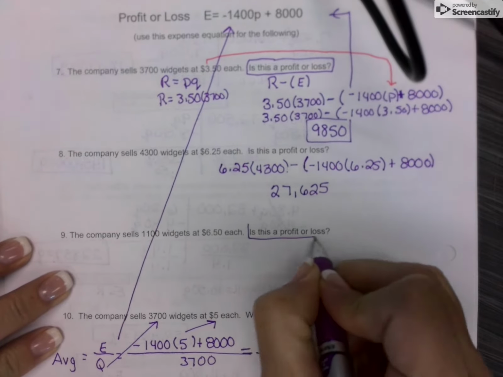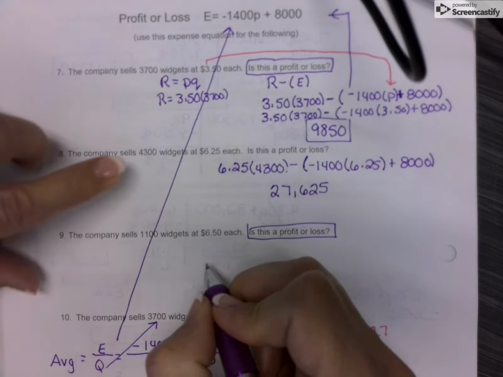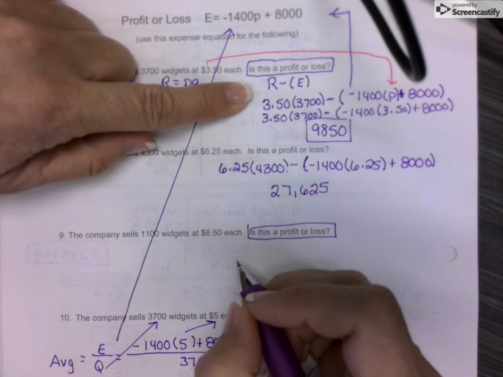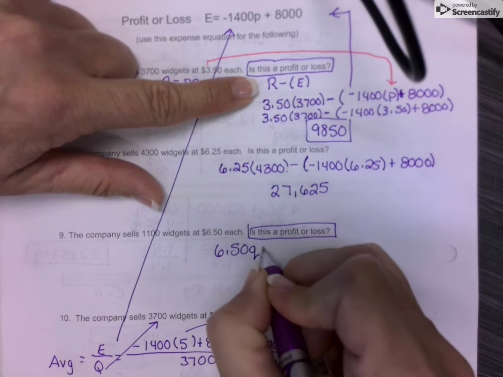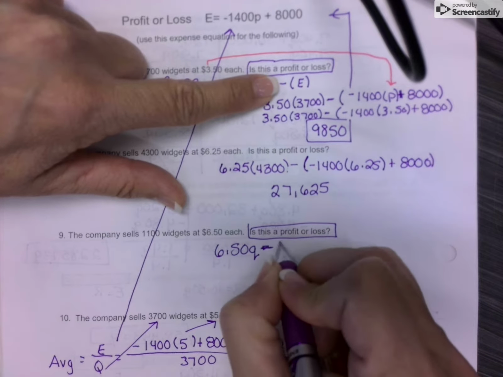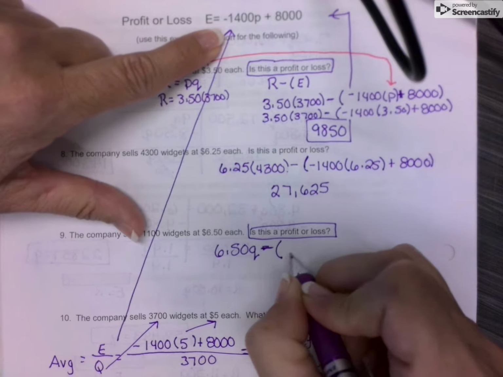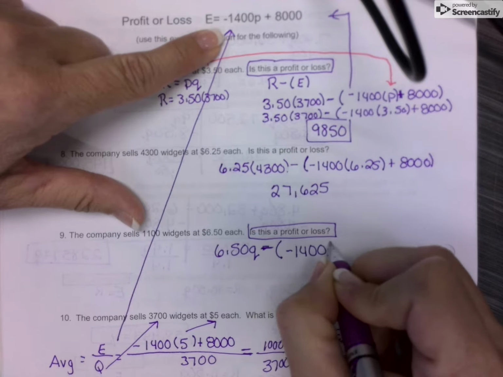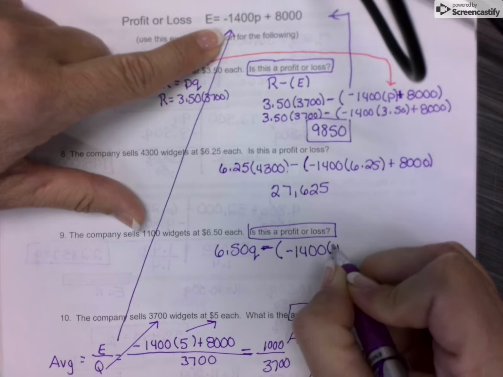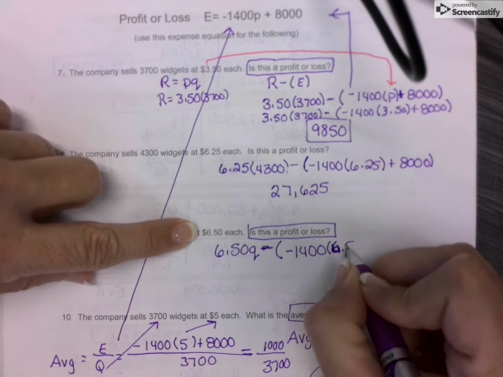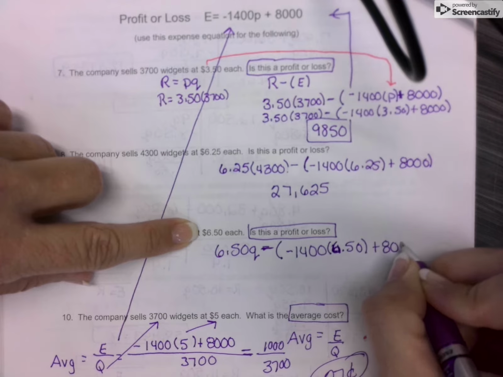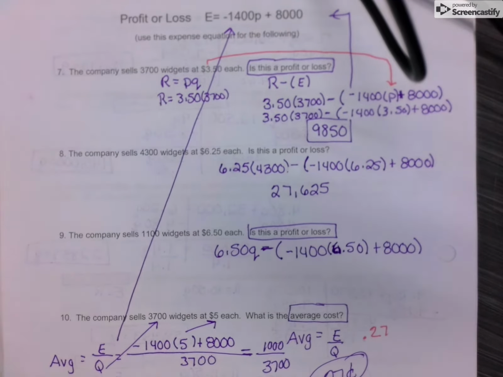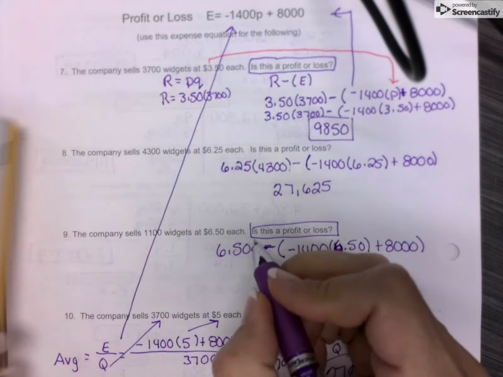Number 9, same thing. We are doing profit or loss. So we have our profit or loss is revenue, which is $6.50 each quantity. We want to subtract out our expenses of negative 1,400 times $6.50 plus 8,000. And we know Q, don't we?